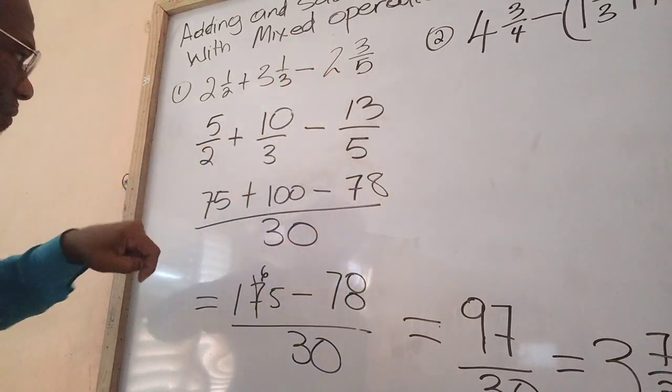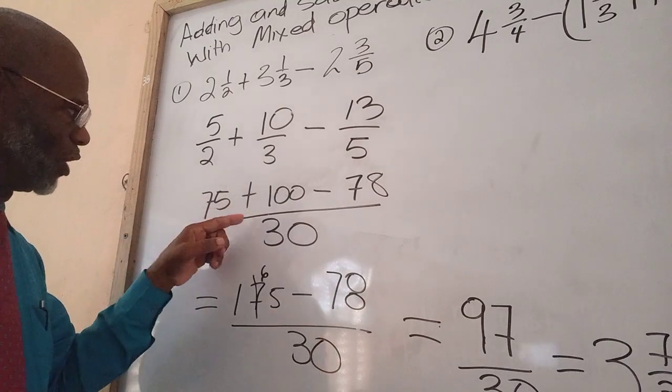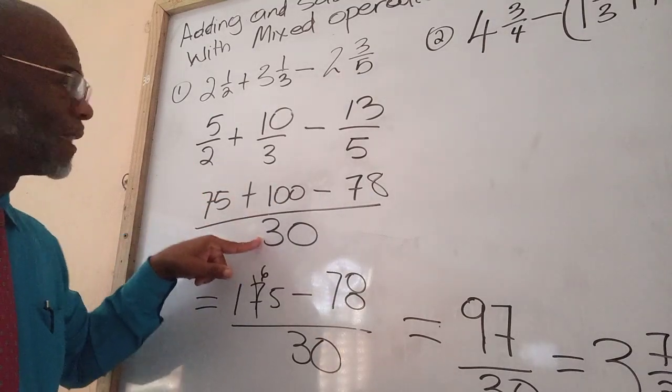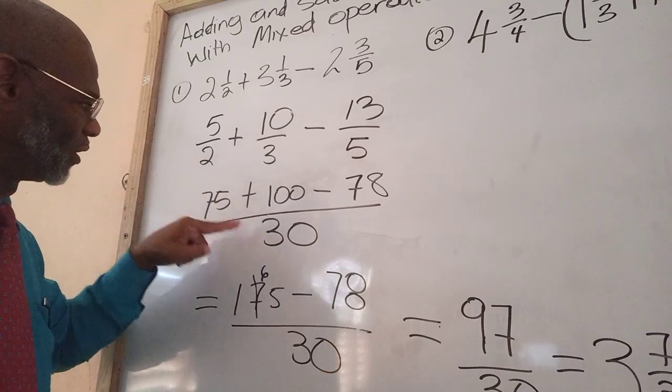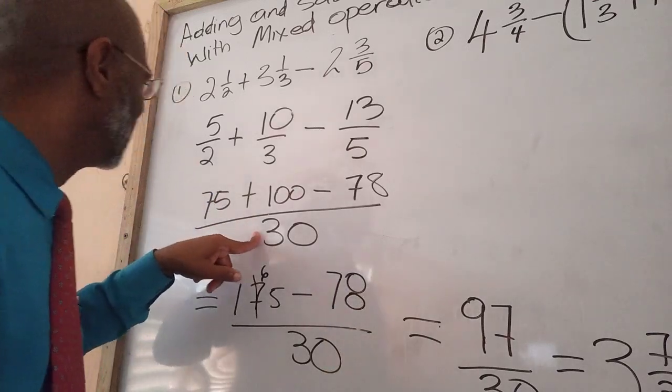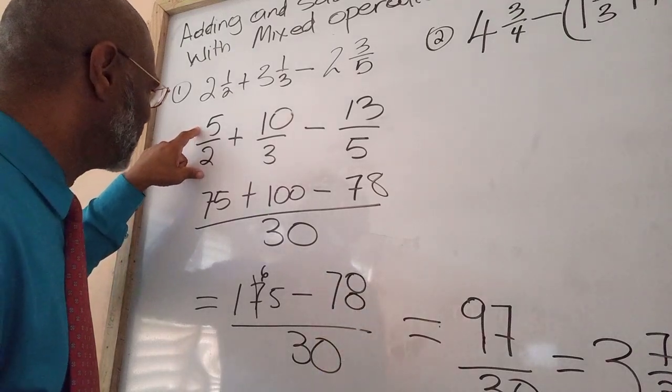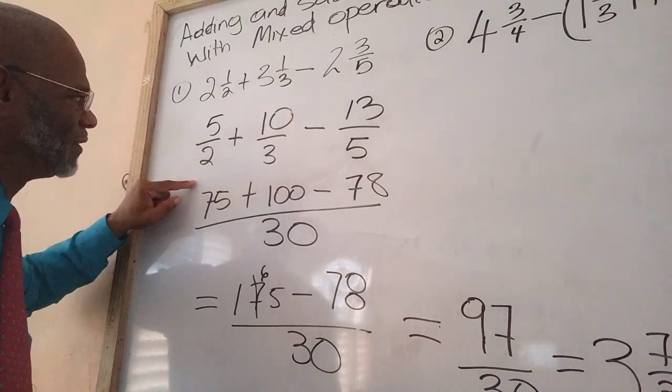The LCM is 30. 2 into 30 is 15, and 15 times 5 is 75.